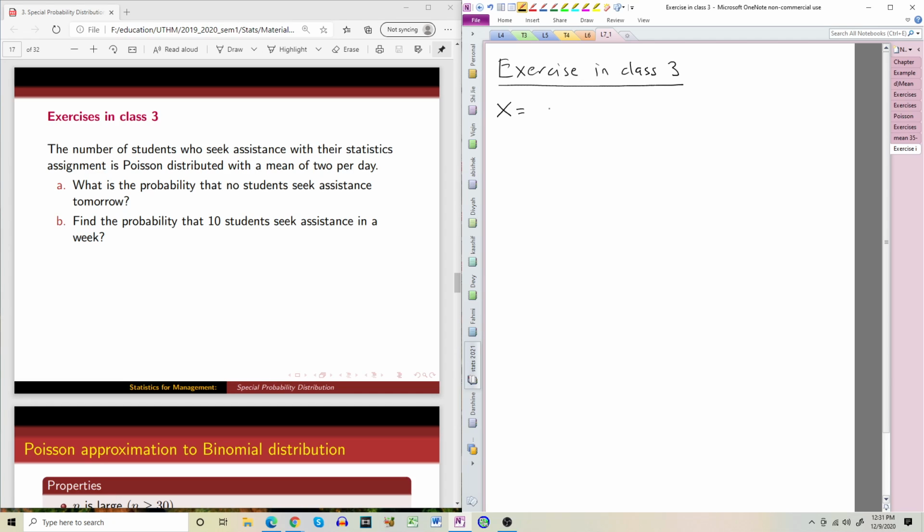The number of students who seek assistance with the statistic assignment is Poisson distributed with a mean of 2 per day. So X is the number of students.